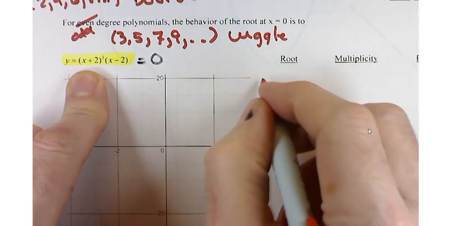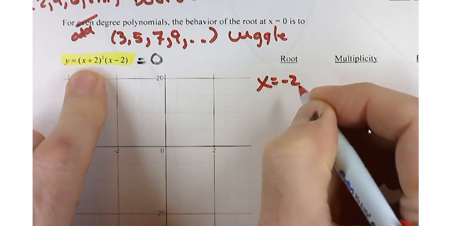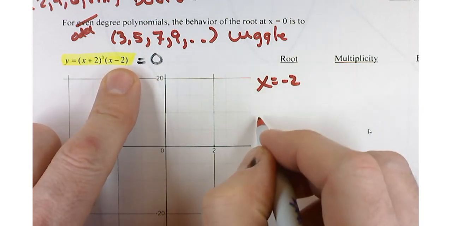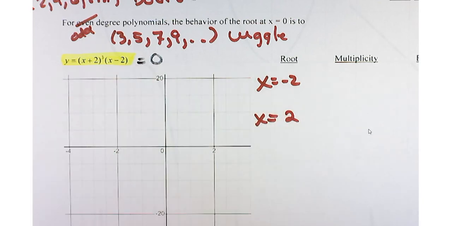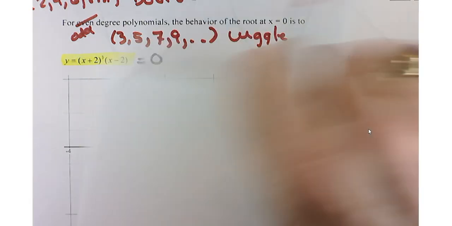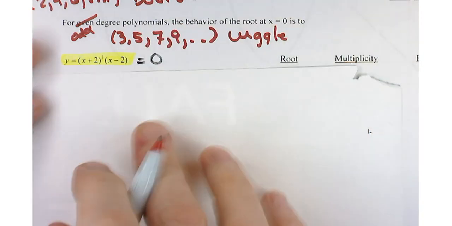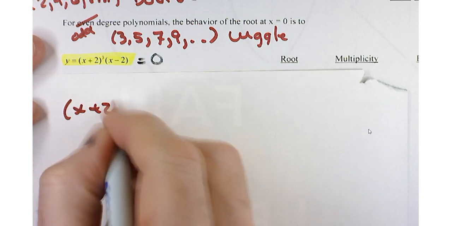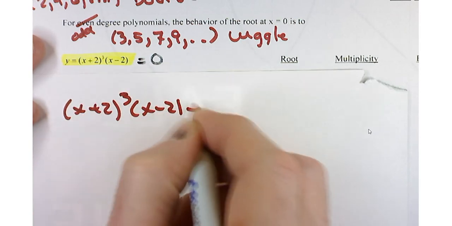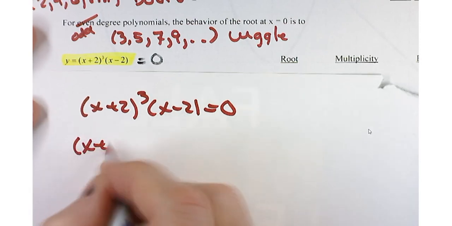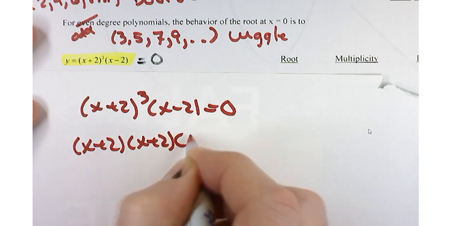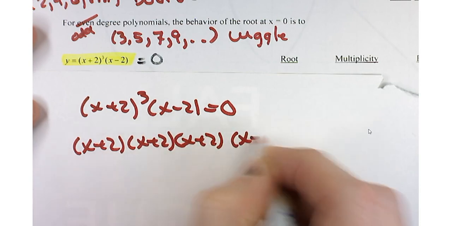Negative 2. So I've got a root at negative 2. How about the second one? Positive 2. Now there's something there called multiplicity. Let me help you understand what that is by taking a look at it this way. If I'm solving x plus 2 cubed times x minus 2 equals 0, because this is cubed, I could think of that as x plus 2 times x plus 2 times x plus 2 times x minus 2.